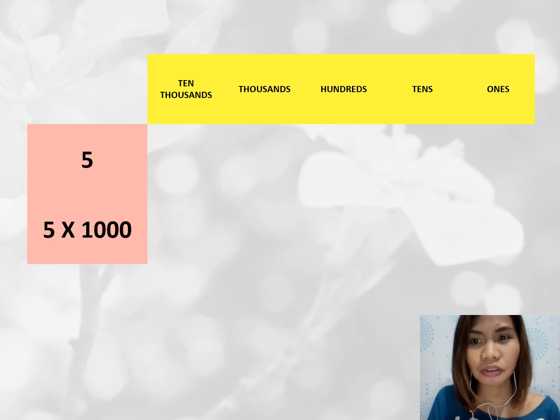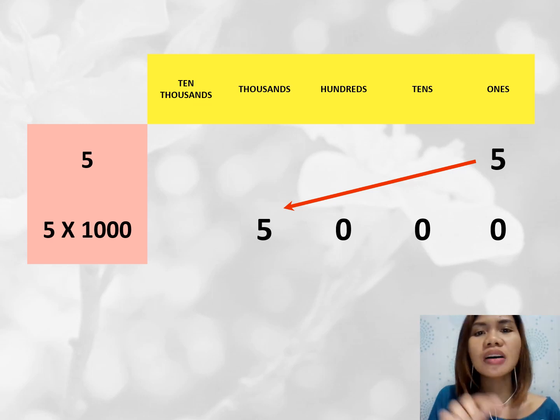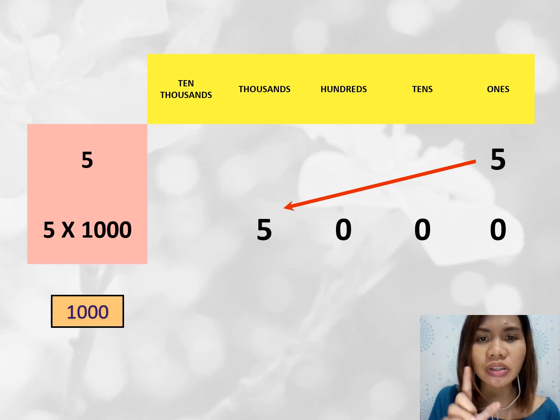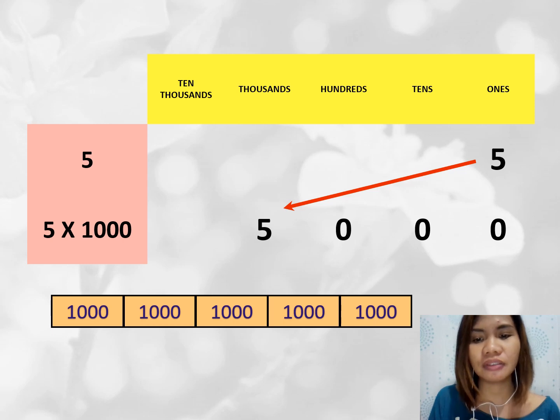So from 5 ones, it will become 5,000. So 5 times 1,000 is just the same as 5 groups of 1,000. So let's have 1,000, 2,000, 3,000, 4,000, 5,000.